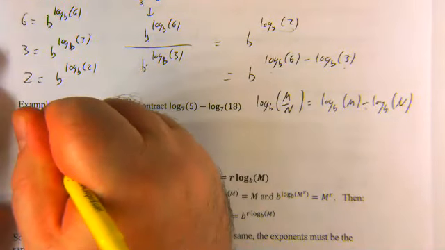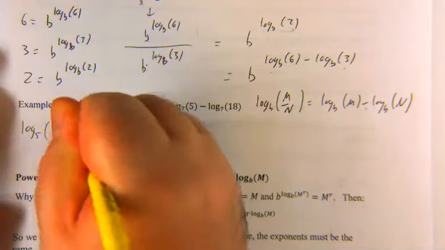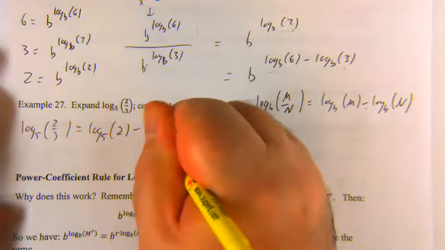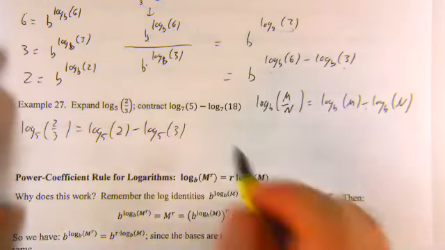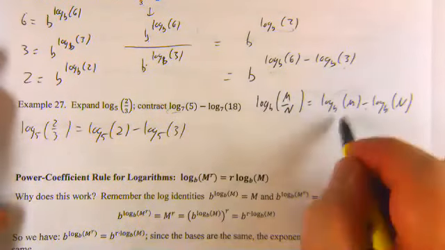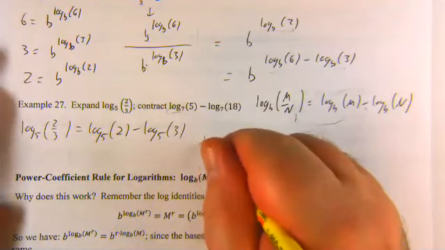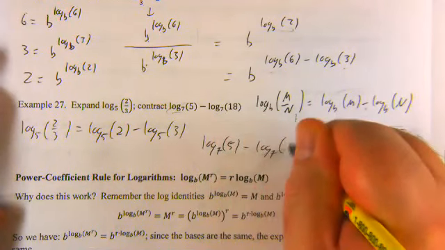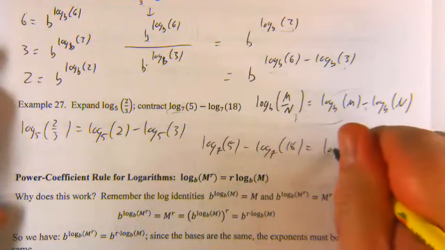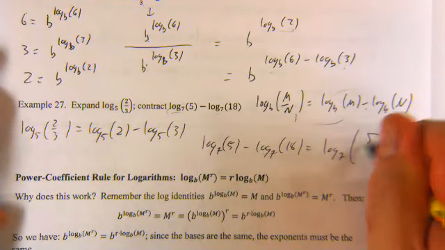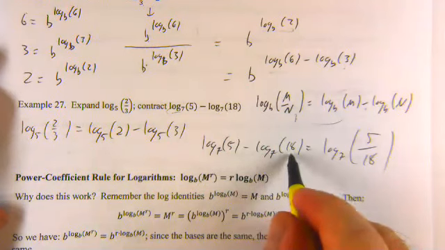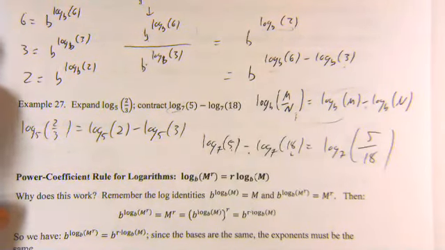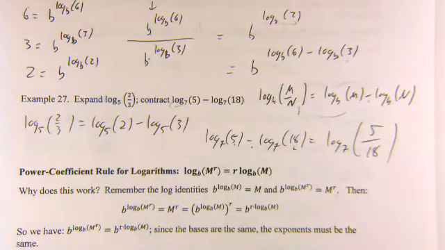So log base 5 of 2 over 3 becomes log base 5 of 2 minus log base 5 of the denominator. If we have 2 separate logarithms, we can pull them together into one logarithm. Log base 7 of 5 minus log base 7 of 18 will become log base 7 of 5 divided by 18. So the minus sign means that goes to the bottom, that goes to the top. Okay, so that's our division rules.